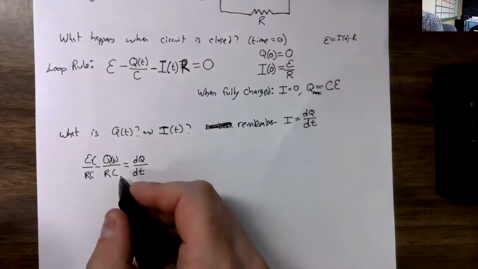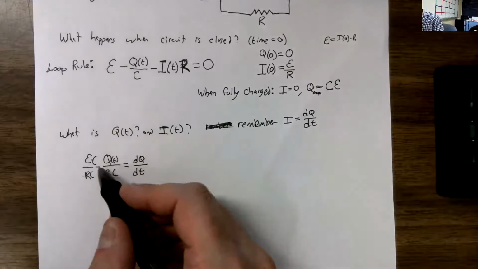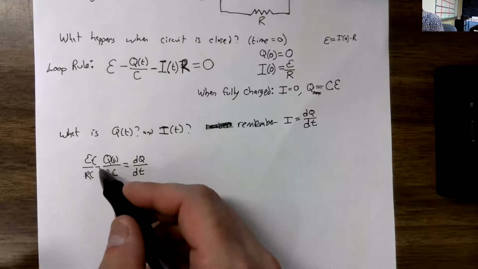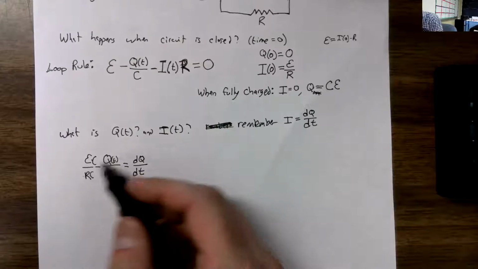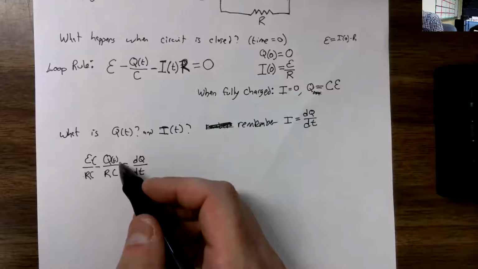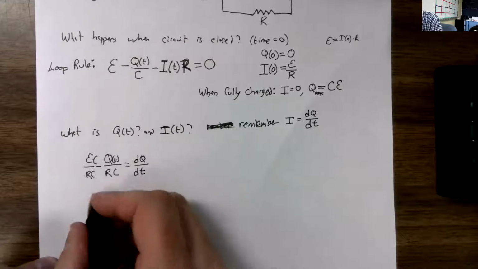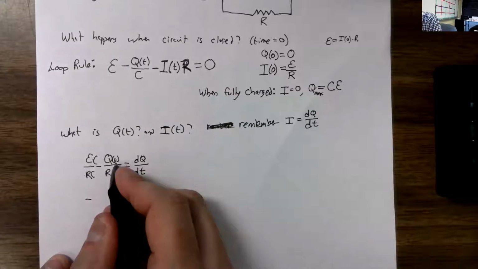Okay. So the other thing I'm going to do is, I've combined these terms, and I just want to switch it so that, wait a minute, EC minus Q over T, or minus Q of T. Oh yeah, let me write it like this. I'm going to put this side on the other.